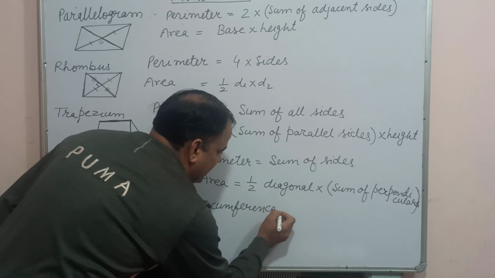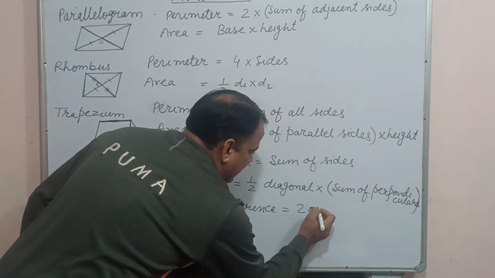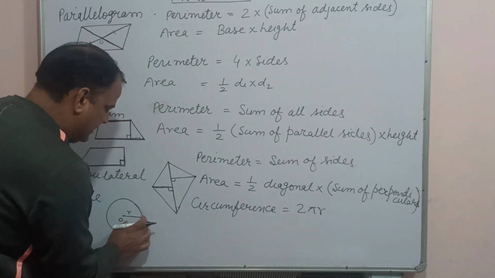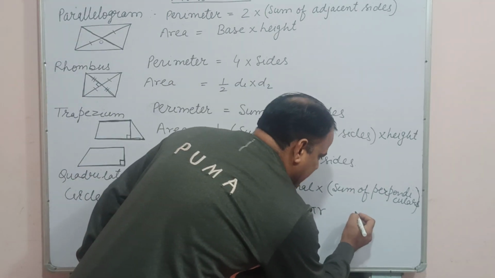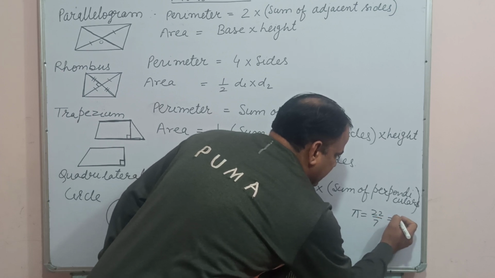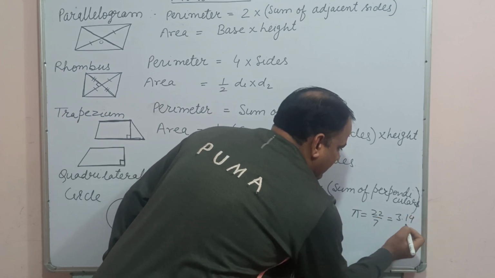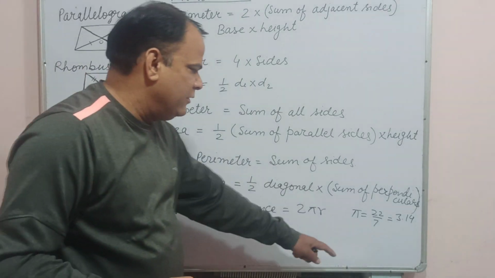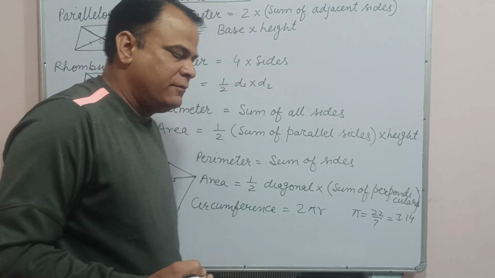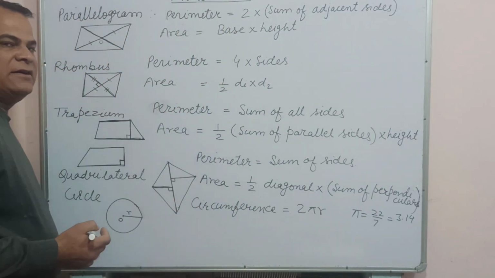Circumference equals 2 pi r. 2 is a number, r is the length of the radius, and pi is a constant. Pi equals 22 by 7, or 3.14. By taking the value of pi as 22 by 7 or 3.14, we can calculate the circumference.